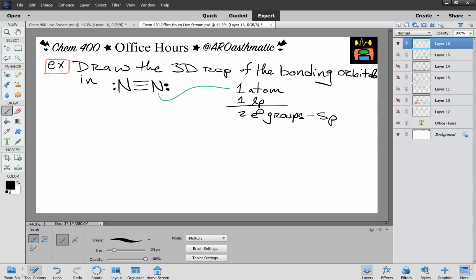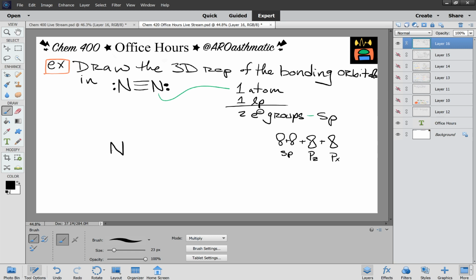All right? So that means for sp hybridization, we have two sp hybrid orbitals. Whoa, that is an ugly p orbital. Can I get my stuff together? There we go. That's a good p orbital.